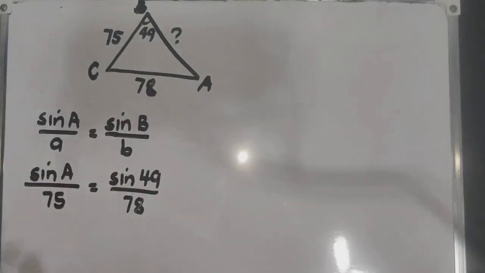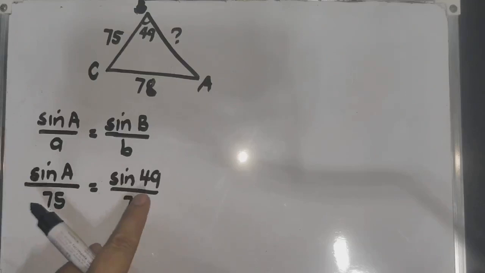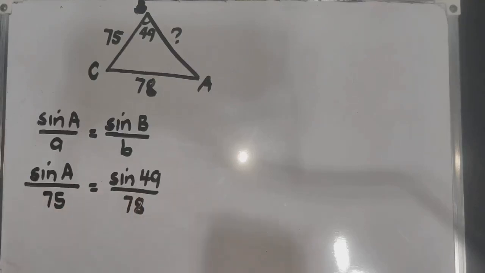Okay, so para mas madali nating ma-solve itong ating given na ito, so we will determine what is the value of sine of 49. So using your scientific calculator, just press sine, then 49 degrees equals, so ang kuhanin lang natin is the first 4 decimal places. So mag-round tayo kapag kailangan.